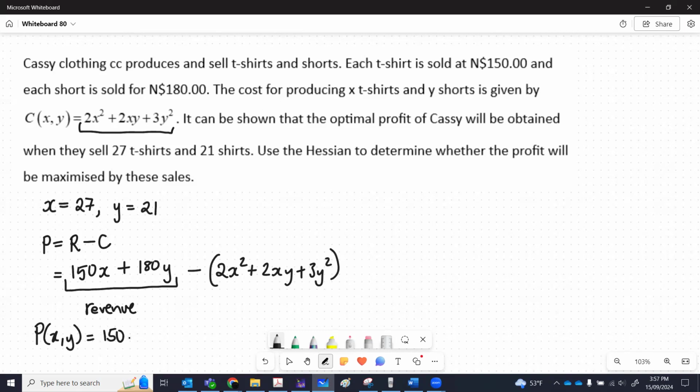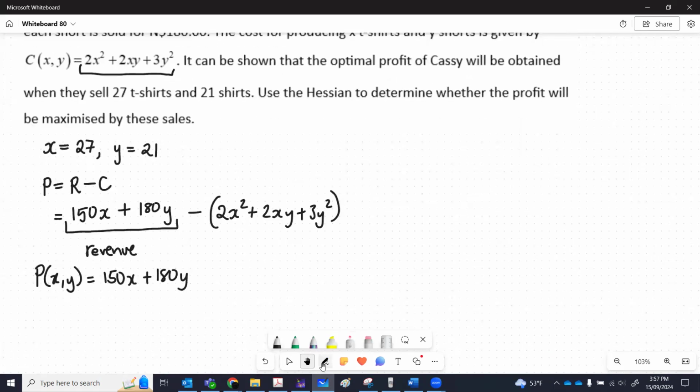This is 150x plus 180y minus. This negative should multiply everything inside the brackets, with minus 2x squared, minus 2xy and minus 3y squared.